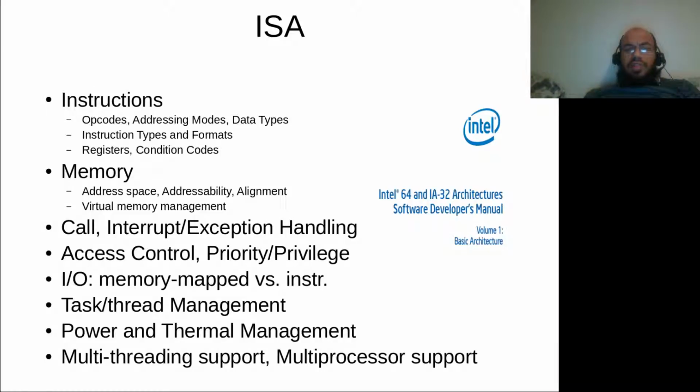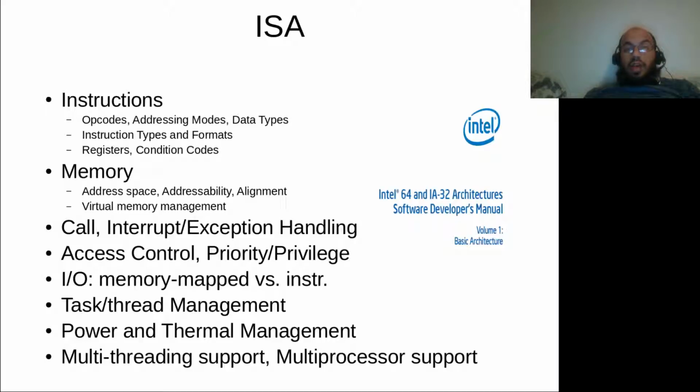It defines things such as the interrupts and the exceptions, which are very important for you as an operating systems developer. It defines things such as access control. Do you have the kernel mode bit, which not all processors have actually, but operating systems rely on it to a huge extent. I mean, at least the ones we have been studying.